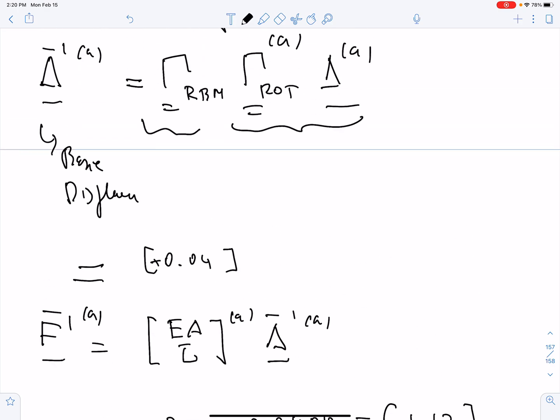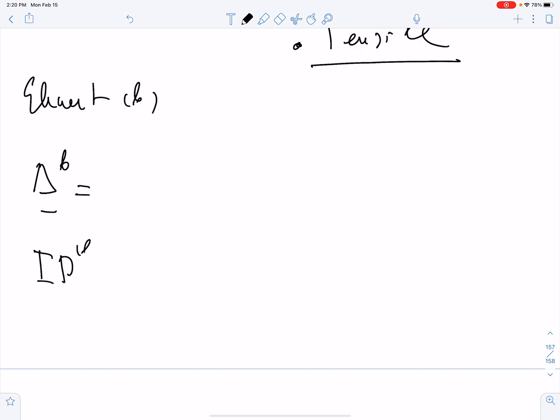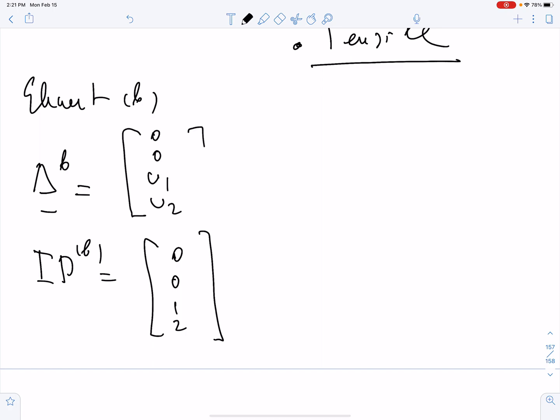Right. So now we can do the same for element B. Okay, so we populate delta B from the ID array. ID for B was also 0, 0, 1, 2, which means that delta B is 0, 0, U1, U2.